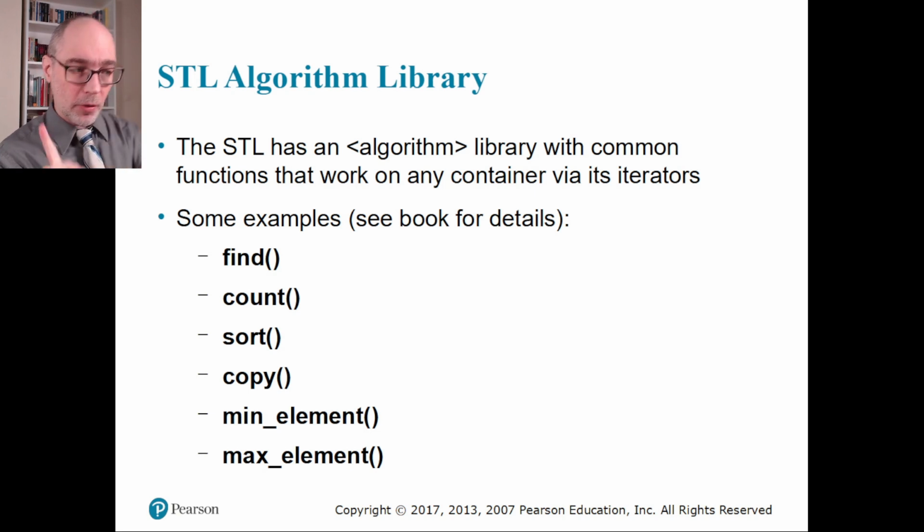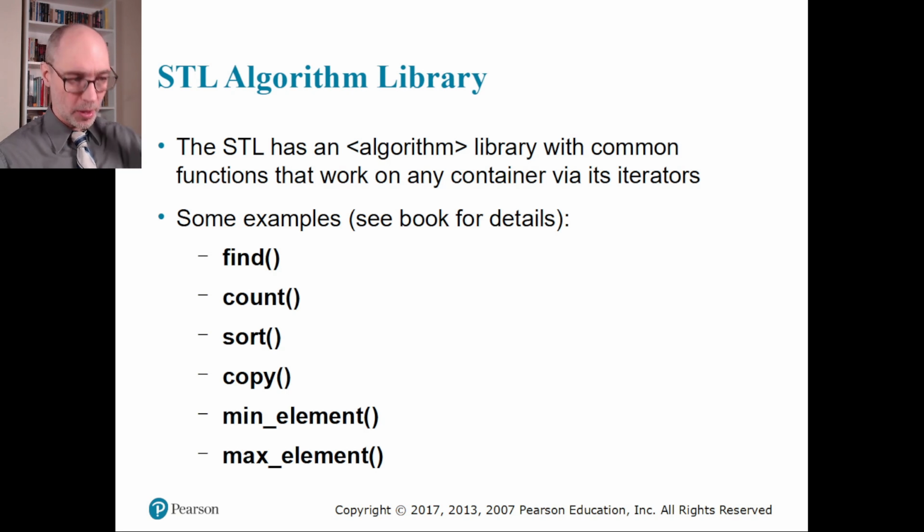Now, all of these things work using iterators. So the STL containers all have iterators made for them. And the iterative ones are going to have a begin function and an end function to get an iterator, the beginning and the ending. And most of these functions, as we saw in the prior interlude, like the find function, take 3 arguments.